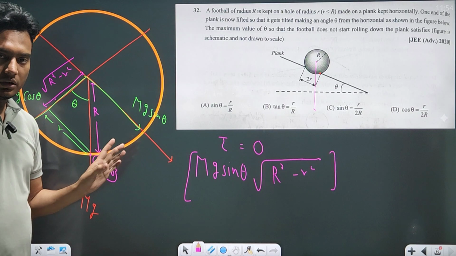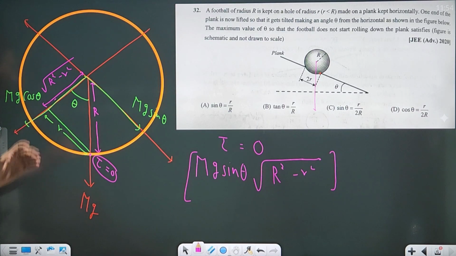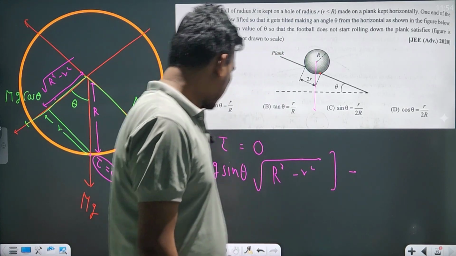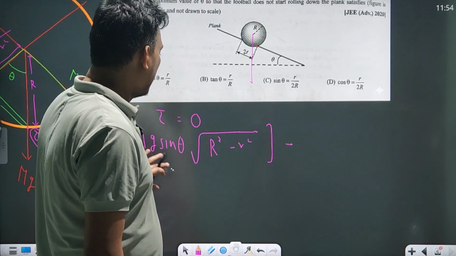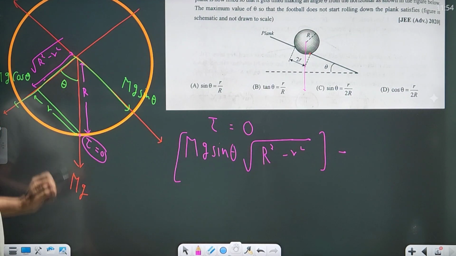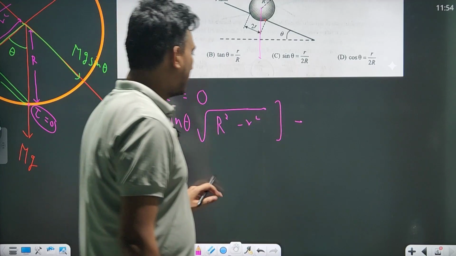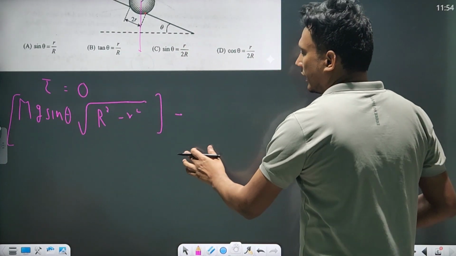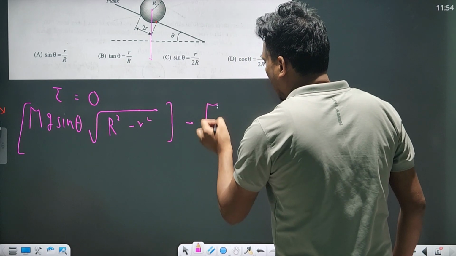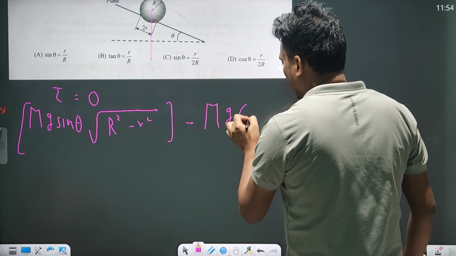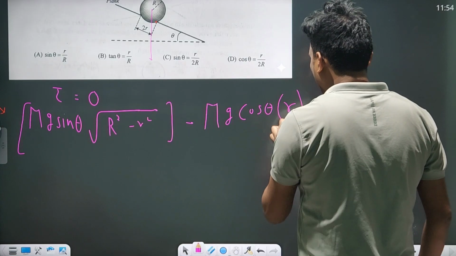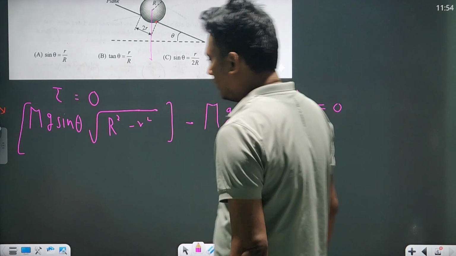I consider clockwise as positive torque and anti-clockwise as negative. So mg sin theta times the square root of R squared minus r squared, minus mg cos theta into small r, equal to 0. This will be the net torque.